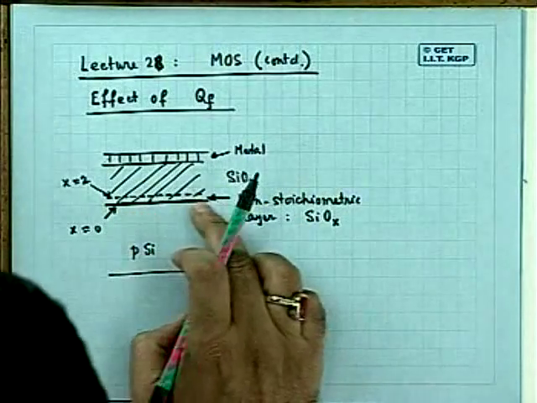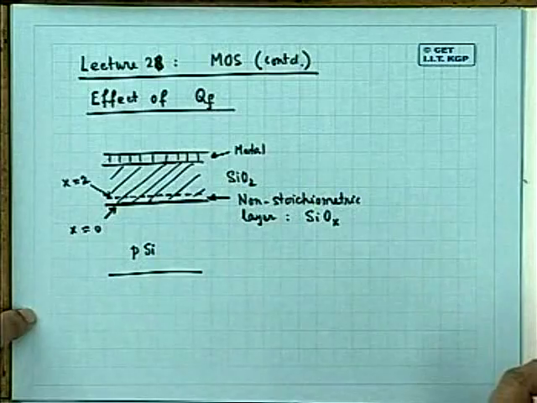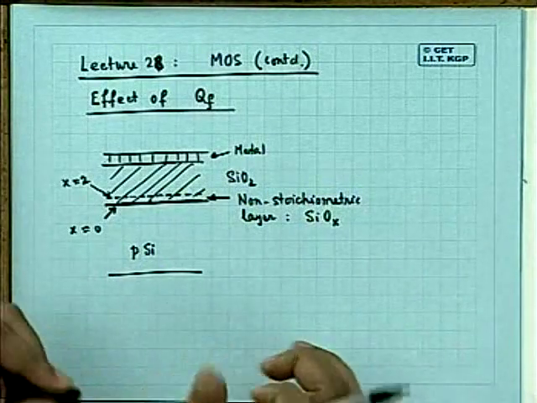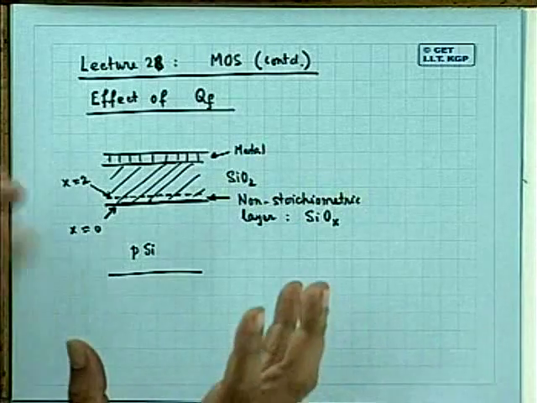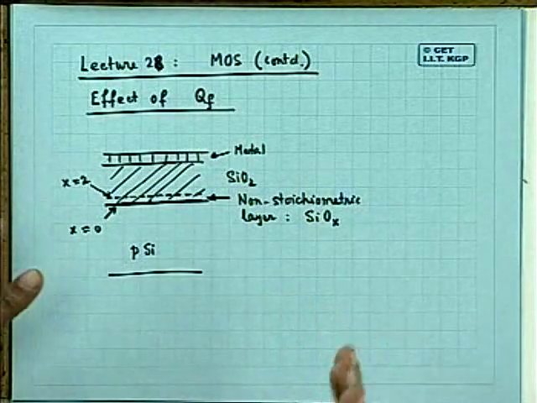Over this non-stoichiometric region, there will be many unsatisfied silicon bonds. Silicon has a valency of 4, just like carbon, and all these covalent bonds are otherwise satisfied in silicon dioxide.